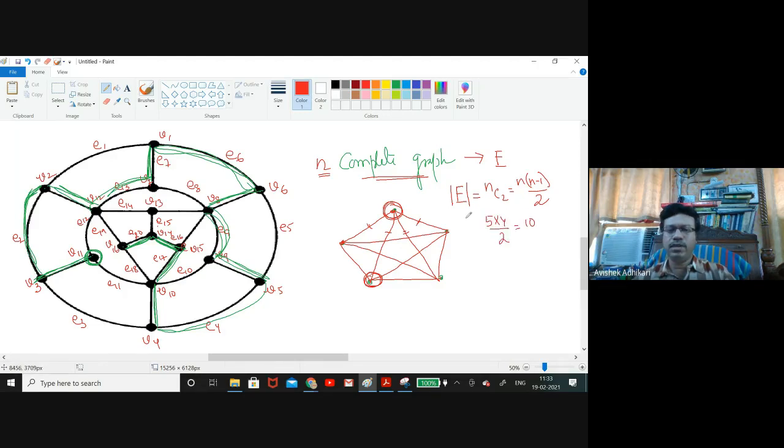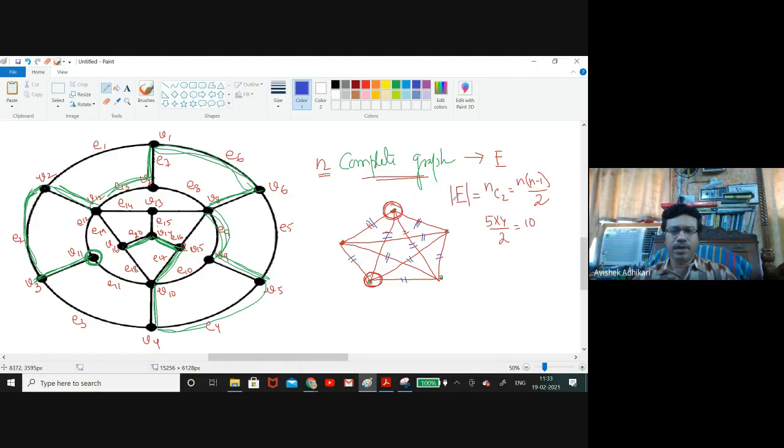You can count the edges like this: 1, 2, 3, 4, 5, then 6, 7, 8, 9, and where is the other one? This one, yeah, 10. So it will have exactly 10 edges with 5 vertices. That is known as complete graph.